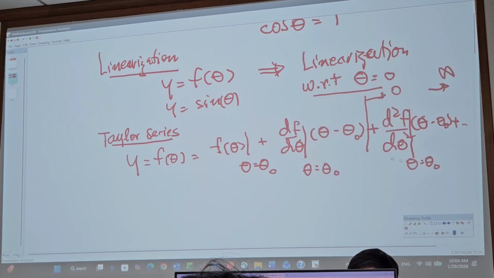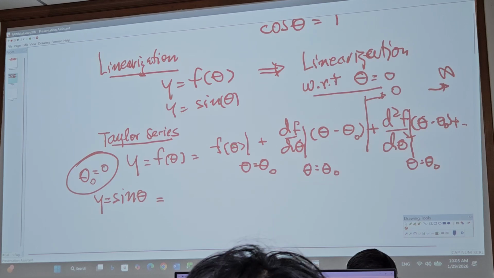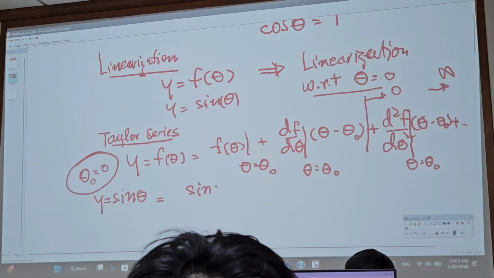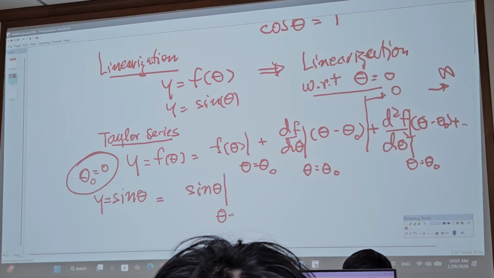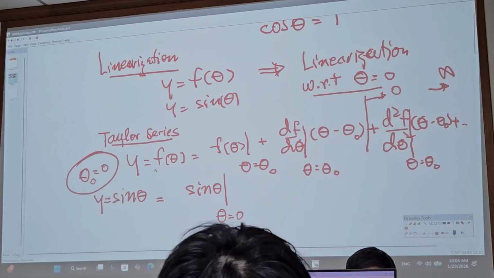So in that case, if you have sine theta and you want to linearize with respect to theta 0 equals 0, you have this one: f(theta) is sine theta, at theta equal to 0.